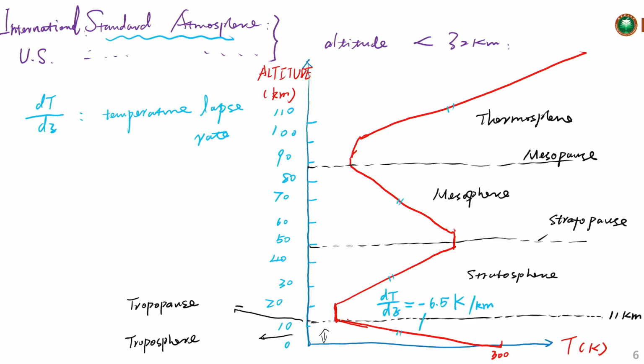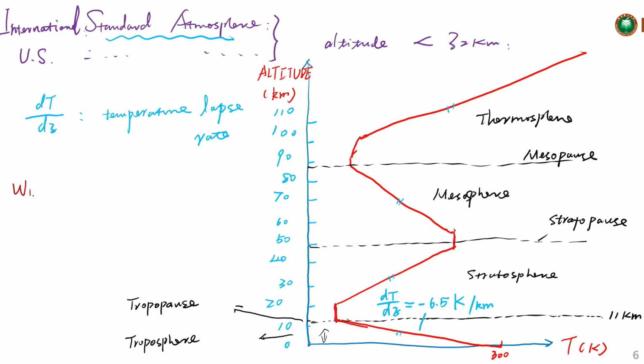For example, if it is close to the poles, it can be a different performance, and if it is close to the tropics, it is also very different. It also varies with the seasons.